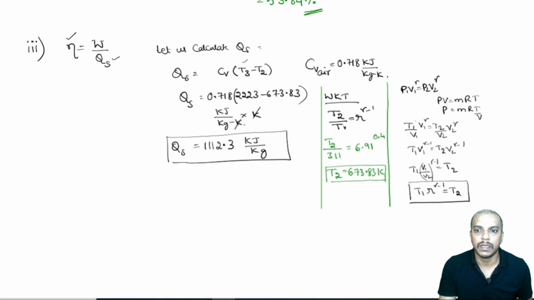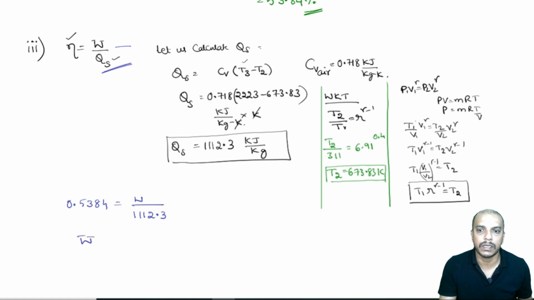Once you have the value of heat supplied, I think now we can come back here and say, therefore, efficiency is 53.84. So I am coming back to this equation. I am not using 100 here, so I am writing efficiency as 0.5384, equal to W divided by heat supplied, 1112.3.